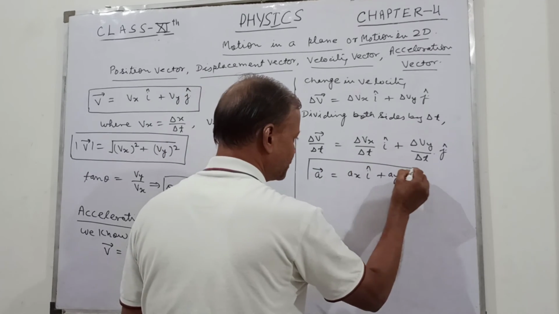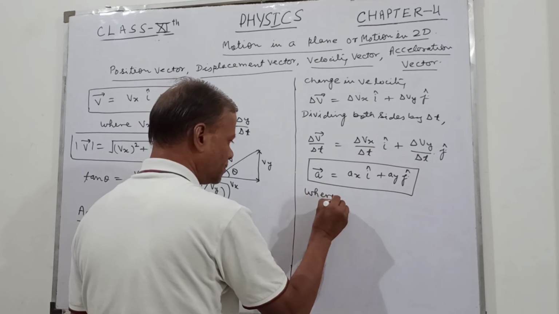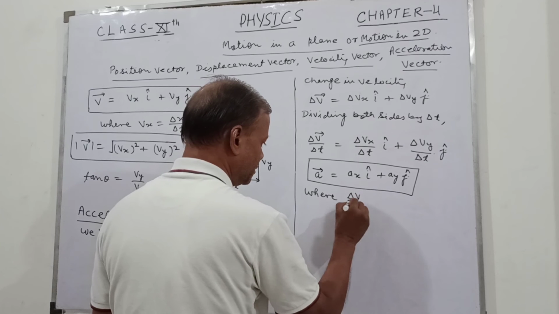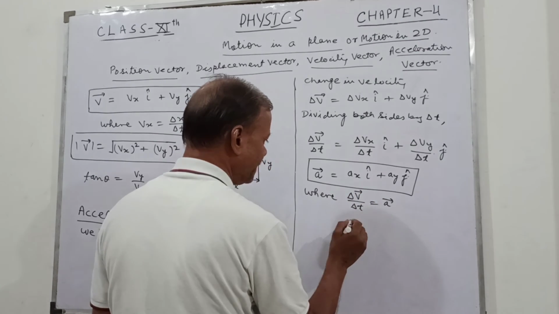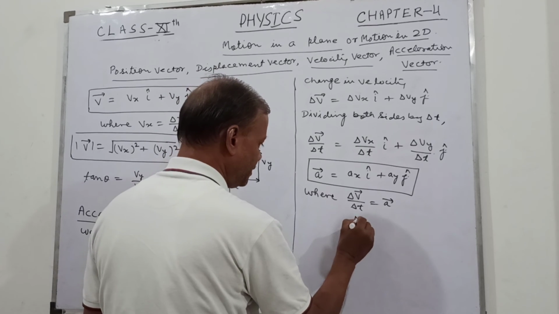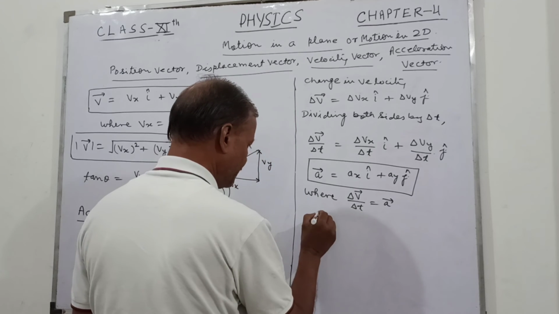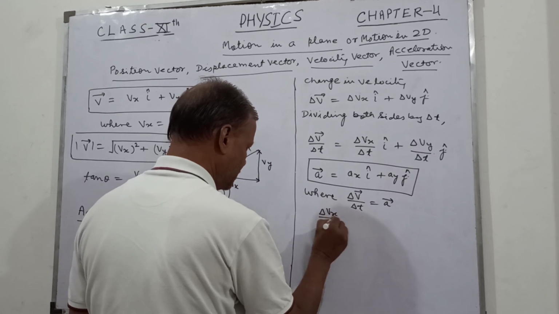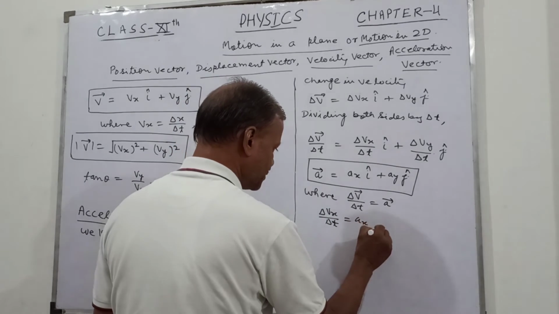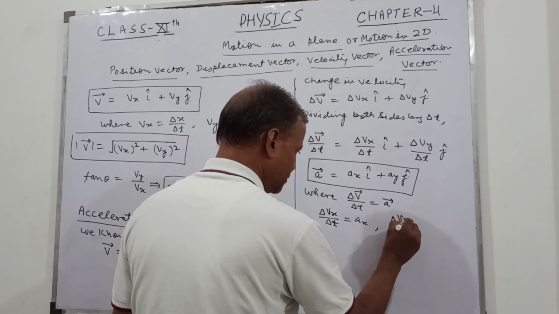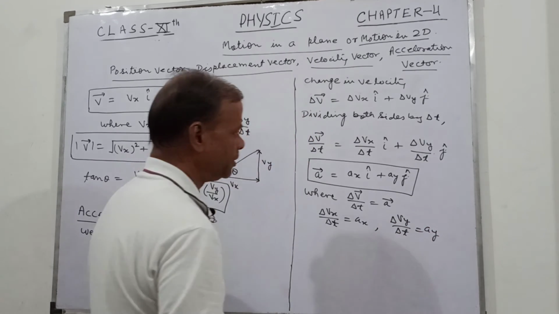This is your acceleration vector, where delta v upon delta t is equal to a, delta vx upon delta t is equal to ax, and delta vy upon delta t is equal to ay.